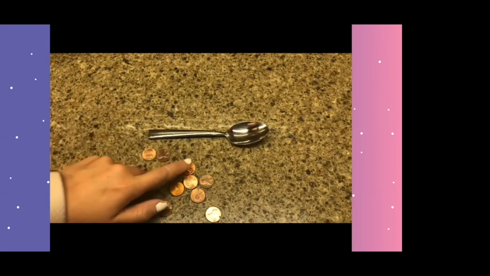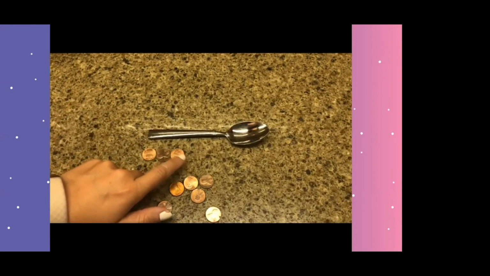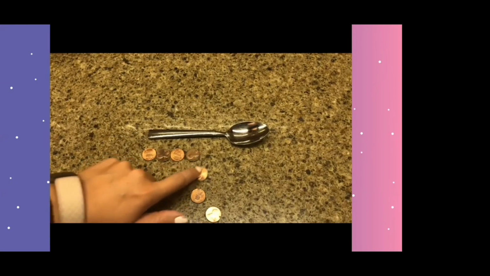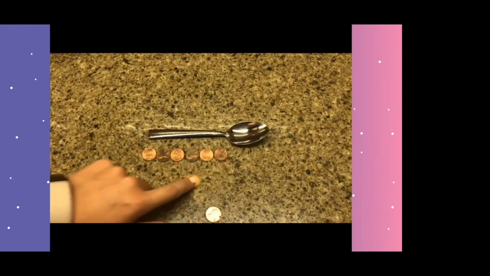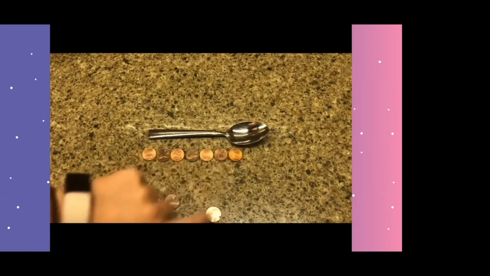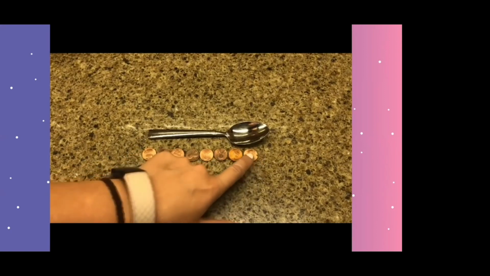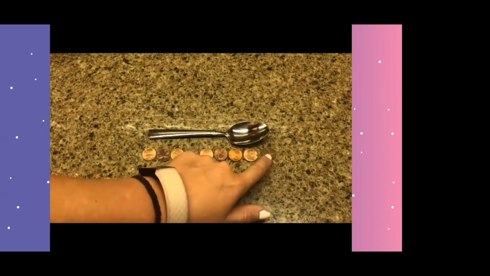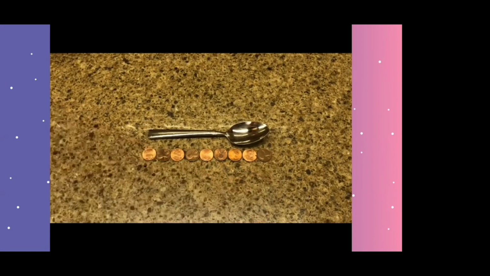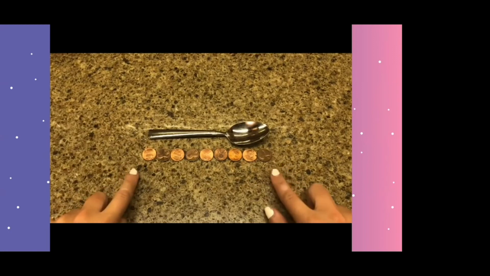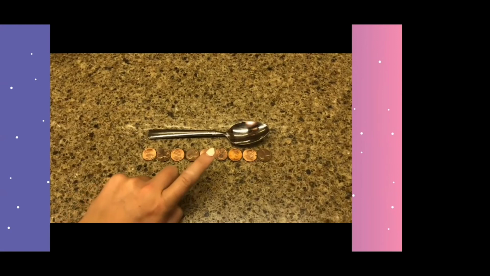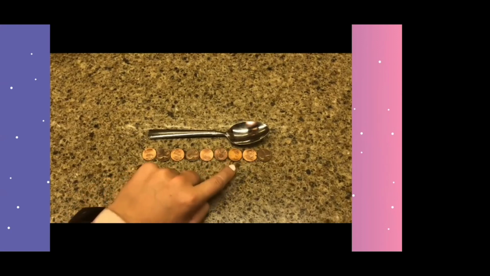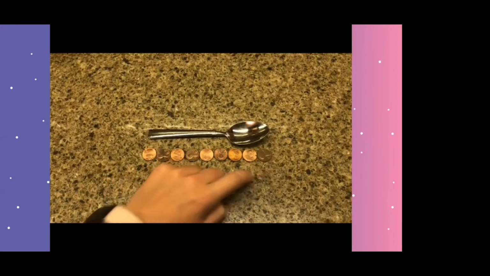We got 1, and there's 2, 3, 4, 5, 6, 7, 8, 9. Look at that. That matched up so well too. So we got 9 pennies matched up perfectly at our endpoint. 1, 2, 3, 4, 5, 6, 7, 8, 9 pennies.